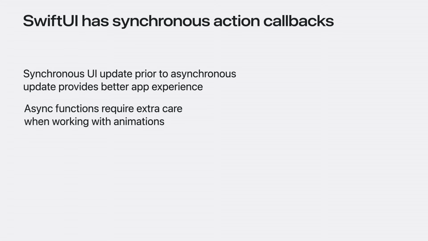SwiftUI provides synchronous callbacks by default. This helps avoid unintentional suspension of async code. Updating UI within synchronous action closures is easy to do correctly. You always have the option to use a task to opt in to an asynchronous context.